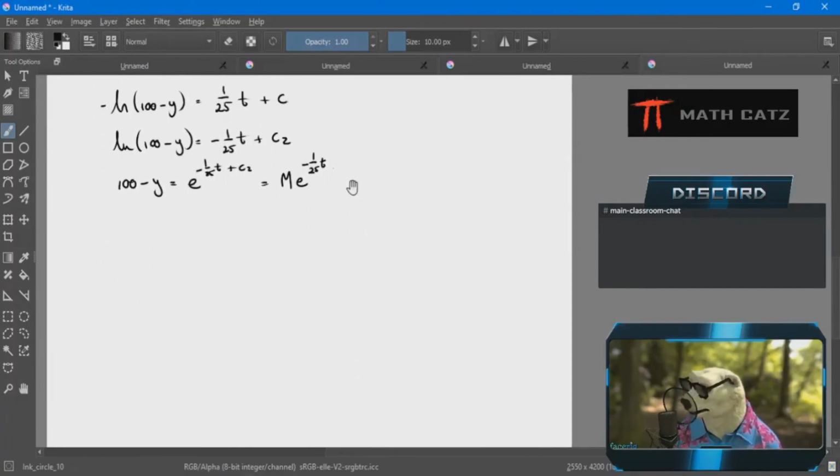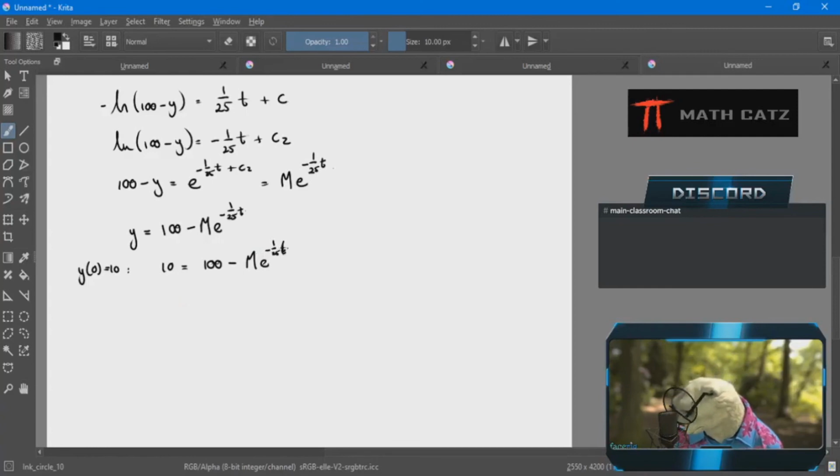Now, a little bit different to what we had before. I can solve for y first, perhaps. y is going to be 100 minus m e to the negative 1 over 25 t. And then we can use the fact that initially I have 10 pounds of salt. So I plug in the 10 into my general solution, and that gives me my integration constant value.